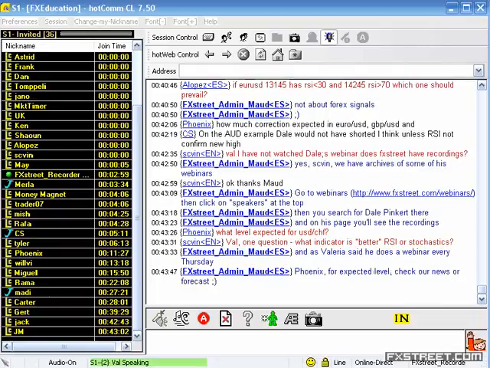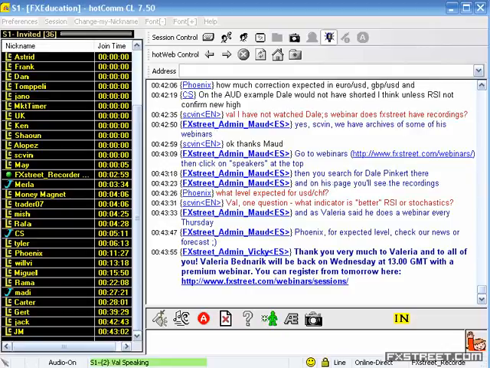Which indicator is better, relative strength index or stochastic? I don't know that they give us different information, right? Relative strength index is giving us an oversold or overbought conditions reading, while the stochastics are showing a cycle. I do believe that different market conditions will need different indicators.